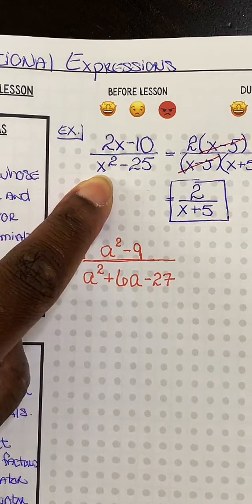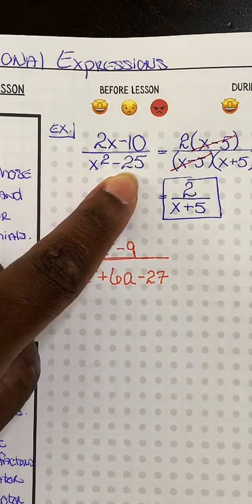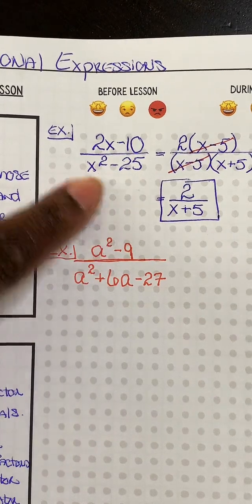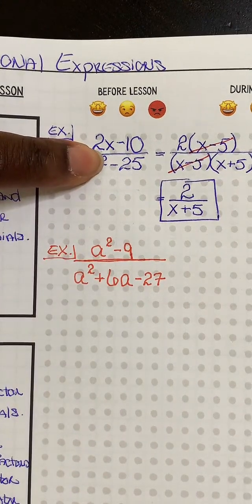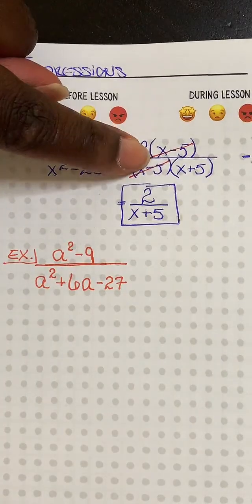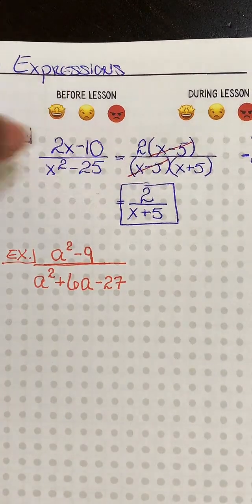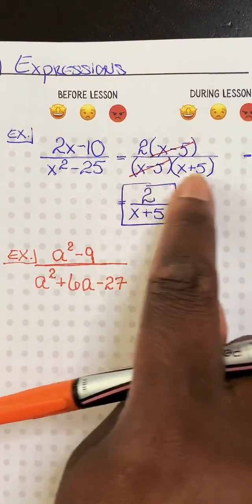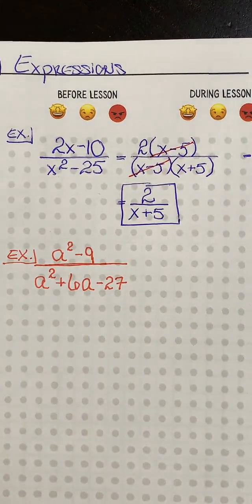The square root of x is x, and the square root of 25 is 5. But in order to get a negative 25, one had to be positive and the other negative. Remember, it doesn't matter which way they're arranged, as long as the signs are correct.